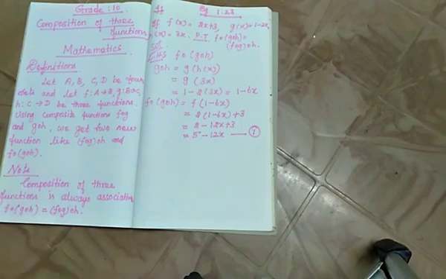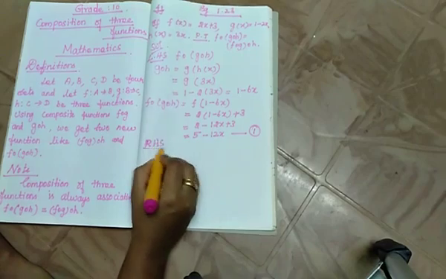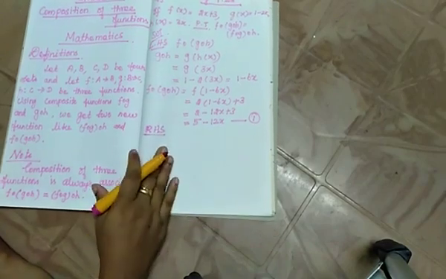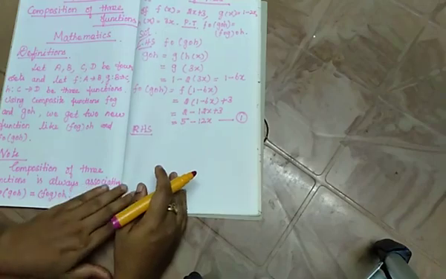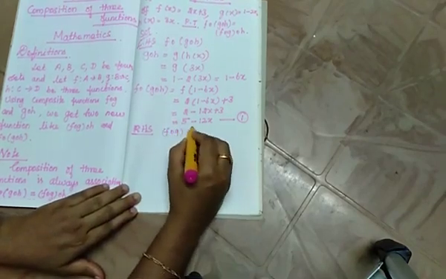So the left hand side is 5 minus 12x. Let's see whether we get the same for the right hand side. What is your right hand side? f of g of h.